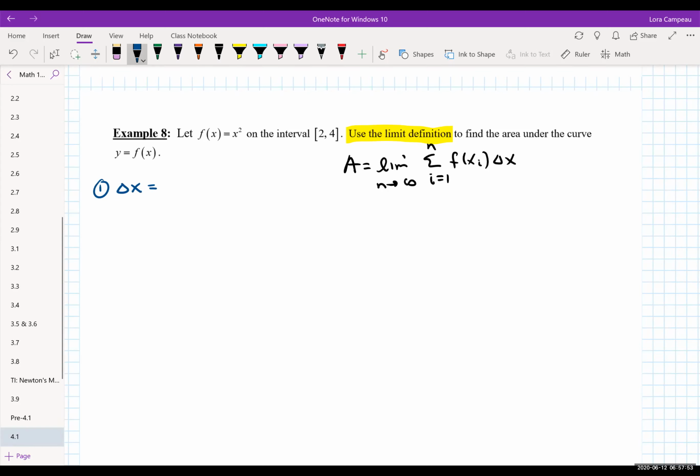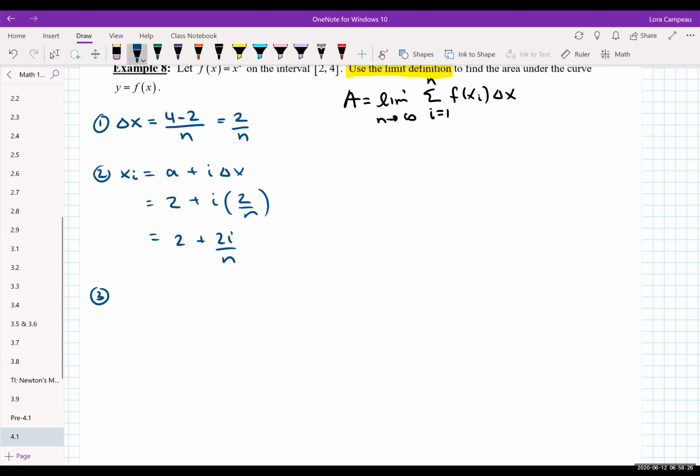So that is the right endpoint minus left endpoint all over n. So we're going to have 2 over n. Step 2, calculate x sub i. Well, that is left endpoint plus i times delta x. This time our left endpoint is 2. Delta x is 2 over n. Make it a little prettier if you want. 2 plus 2i over n.